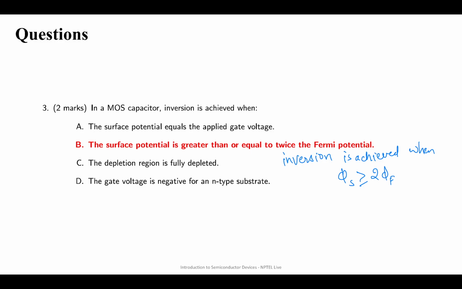That is true. In a MOS cap, the inversion is achieved when the surface potential is greater than or equal to twice the Fermi potential, that is, when psi s is greater than or equal to 2 phi f.